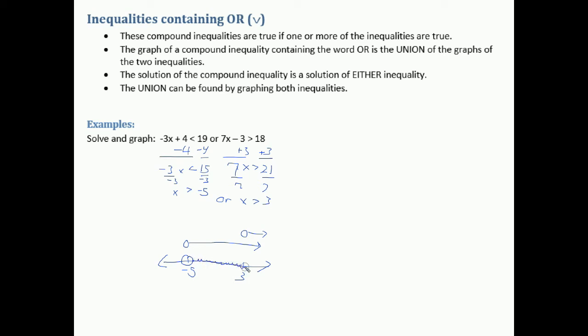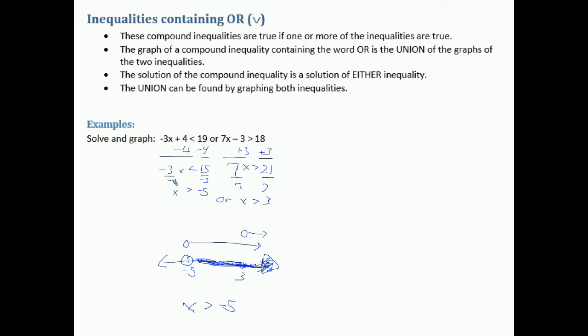Is this covered at 3? Well, we have an open circle here, but this covers it. So 3 is covered, and everything to the right of 3. So I'm going to bold this. So our answer here turns out to be that x just has to be greater than -5. We didn't need this part.